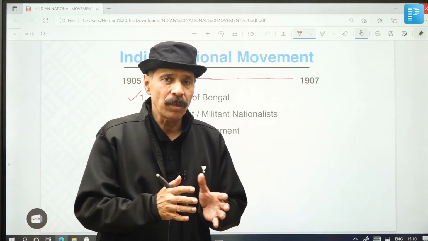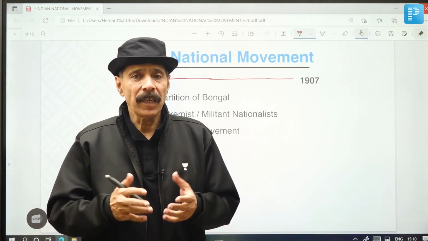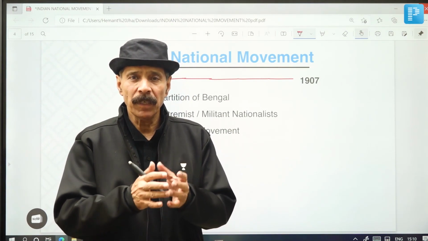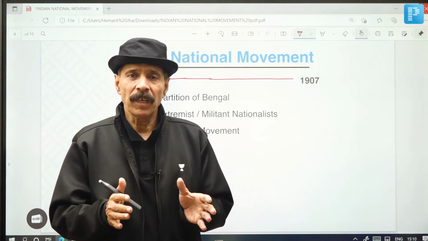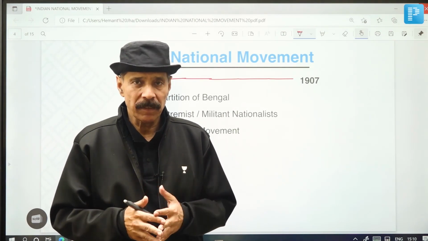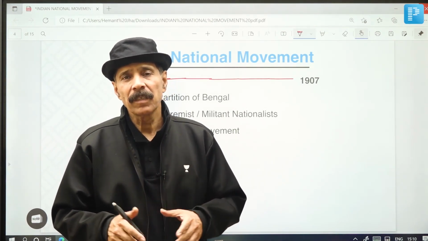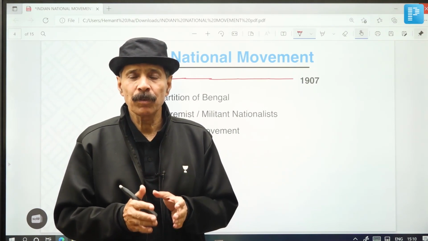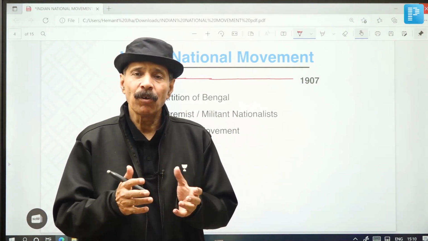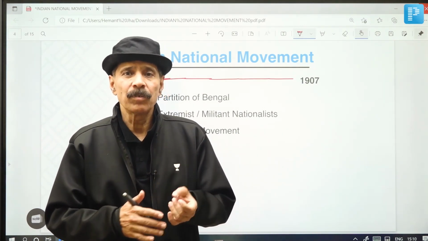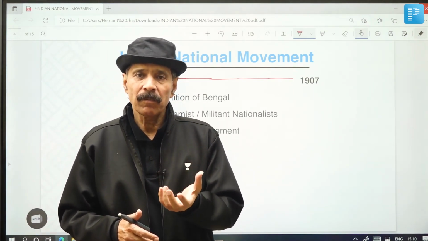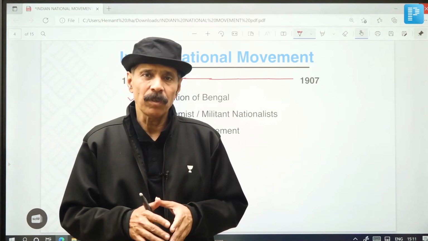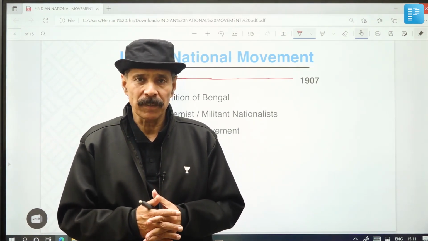Curzon partitioned Bengal and claimed that Bengal was a big province, so it was partitioned for administrative convenience. But the basic motive was to weaken Bengali nationalism, whose hotbed was Calcutta, that was the British capital or the capital of British India during those days.